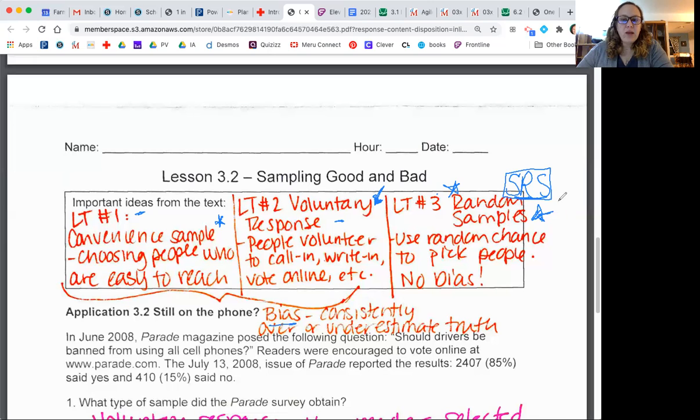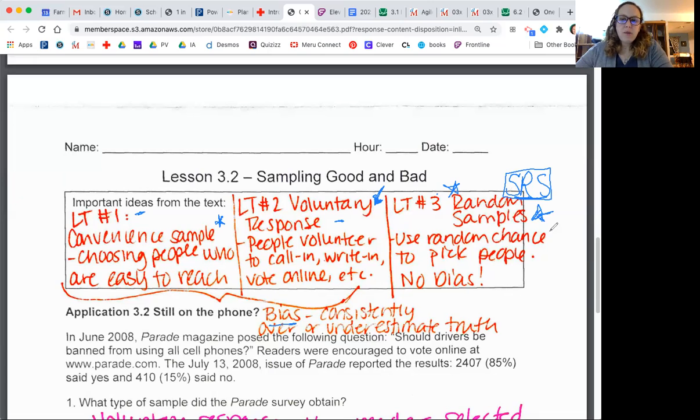So in a lot of cases, we want to pick a sample of them and then make generalizations about the overall population. The more balanced our sample is, the more random it is, the closer to the actual truth of the population it will be.